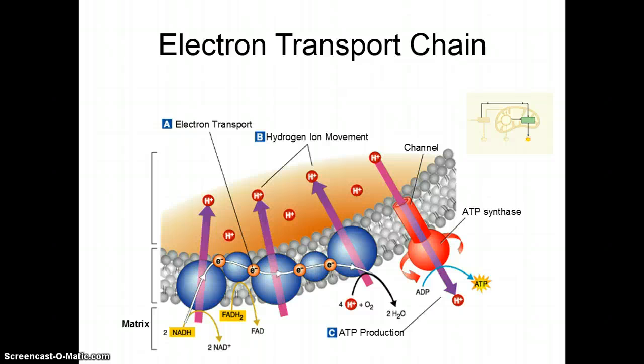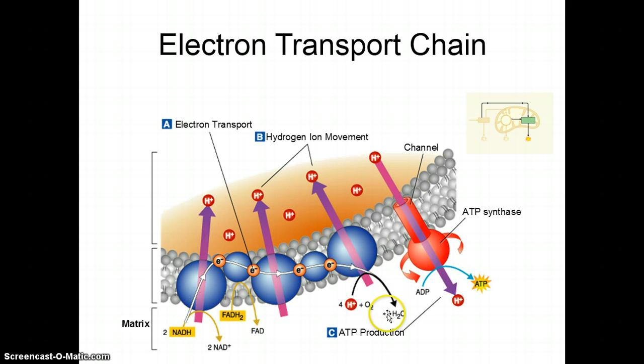Water is formed because oxygen accepts the electrons in combination with the hydrogen ions for water production, which you see here. Energy that is generated by the electron transport chain is used to move hydrogen ions across the membrane.